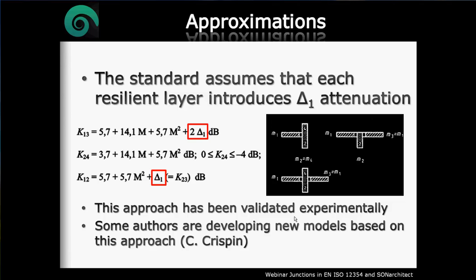In fact, some authors, Charles Paspan, that I mentioned before, are developing a new model based on this approach, just with different delta 1 values. So this is a thing that in the future, hopefully in the close future, we will see implemented in SONarchitect.